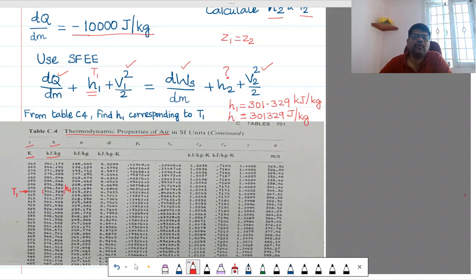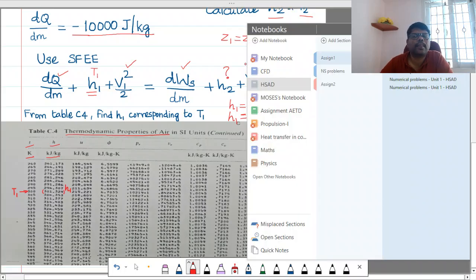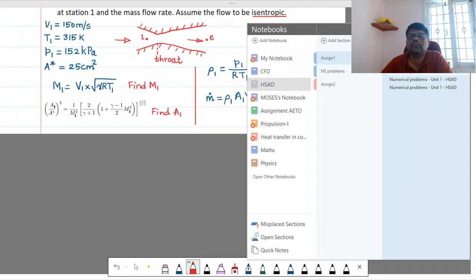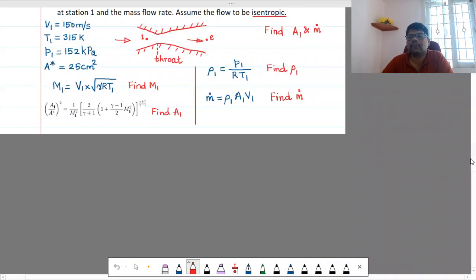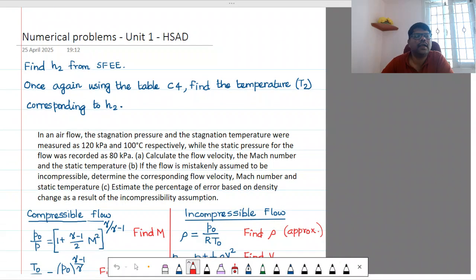Finally, I get the value of H1 as 301.329 joule per kg. So now I got the value of H1. Substituting all the known values in the equation, I can find the value of H2. Right. So I find the value of H2 from the steady flow energy equation.